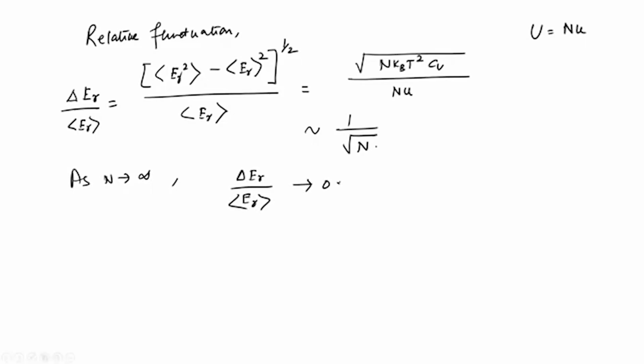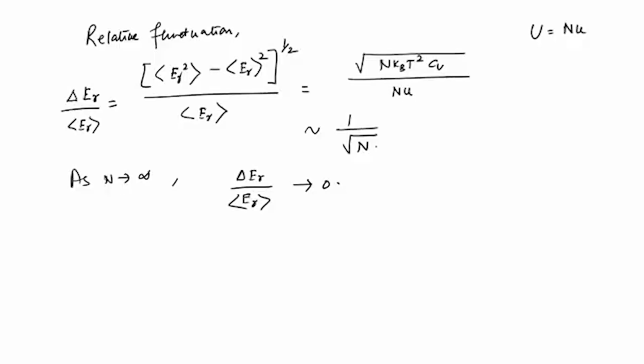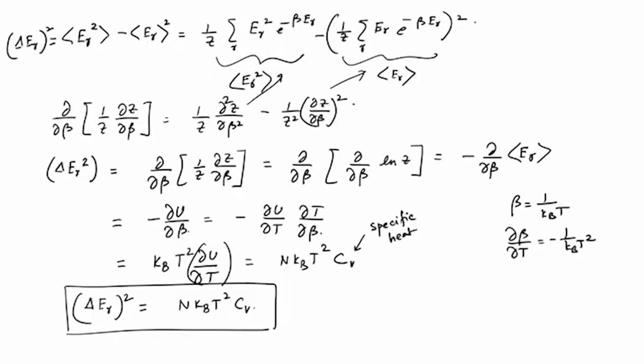Which means that the fluctuations vanish, and that is how statistical mechanics works so well. It gives you accurate, or close to correct, results because the fluctuations vanish in the limit of large N. And there is another small point which you may find useful in some context.